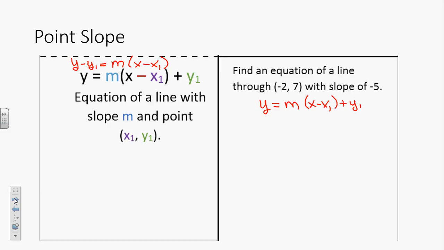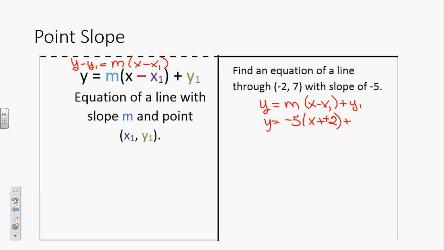Okay? So y equals, what's our slope? -5 times x minus, what's its coordinate? -2. So when you do a negative, minus a negative, what do we have to do? Plus a positive, right? Okay.